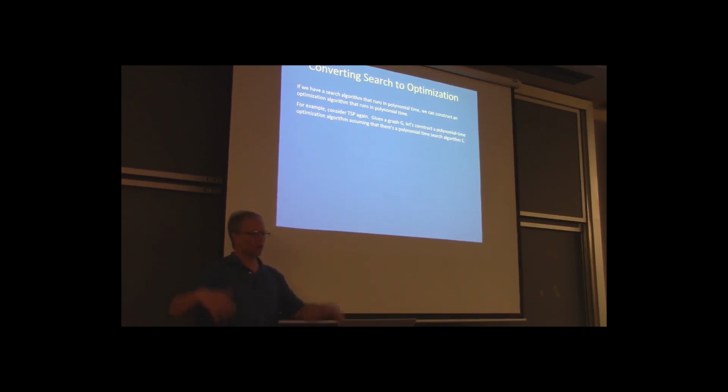So we could say, okay, we ask the search algorithm, give me a solution with total weight 1 million or less. And what if it says no? Right? If it says no, there's no solution, then there can't be a solution to the traveling salesman problem. What if it says, yes, there is such a solution?